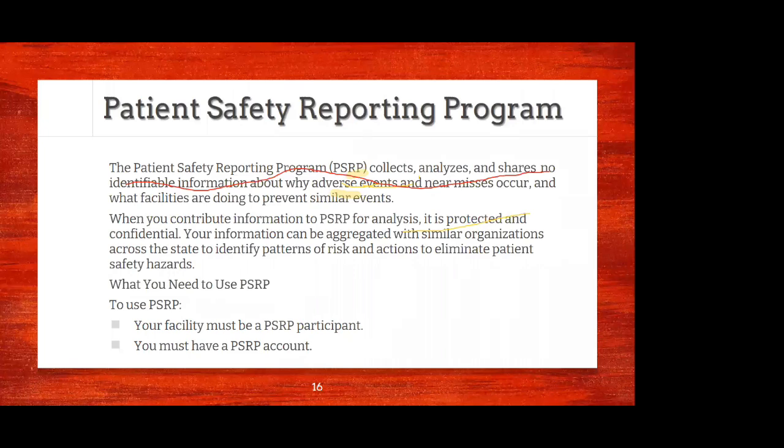So, it is talking about a program known as PSRP, Patient Safety Reporting Program. They say that they collect, analyze, and share no identifiable information about why adverse events or near misses occur and what facilities are doing to prevent similar events. So maybe whenever patients have some problems with safety and things like that, it is used for that, and it is said that it is protected and confidential.